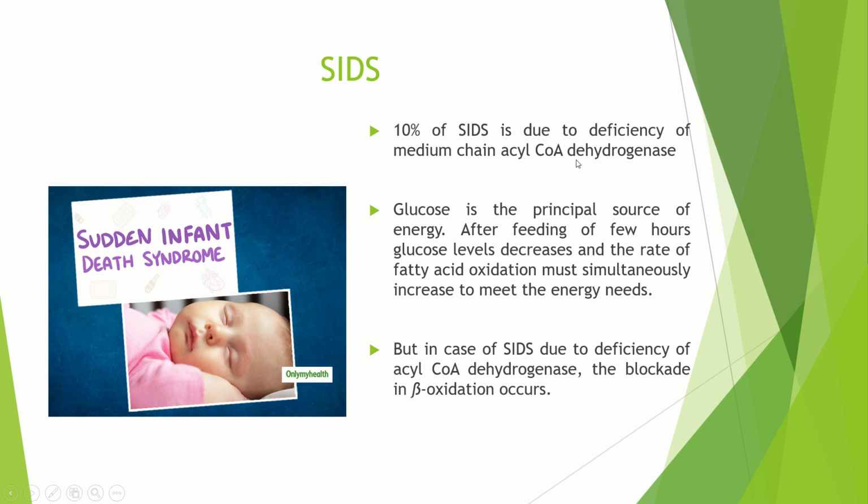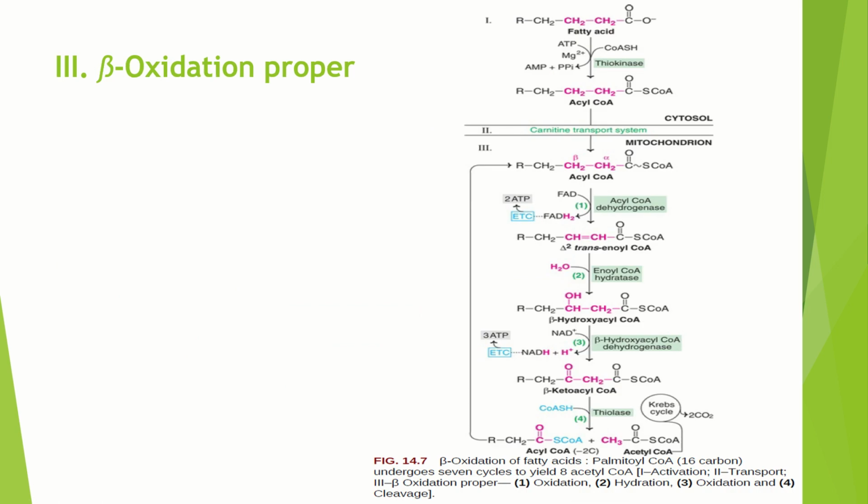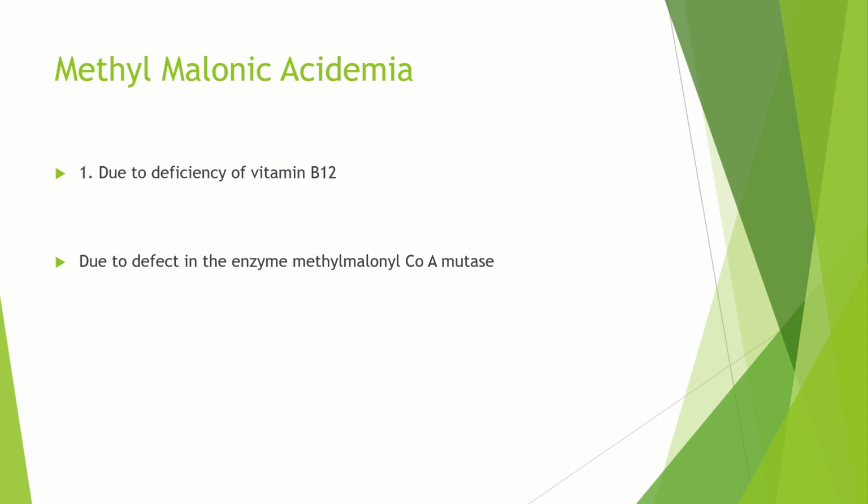This is the first step of beta oxidation proper: the activated fatty acid forms trans-enoyl CoA with the help of acyl CoA dehydrogenase, which is an FAD dependent enzyme.